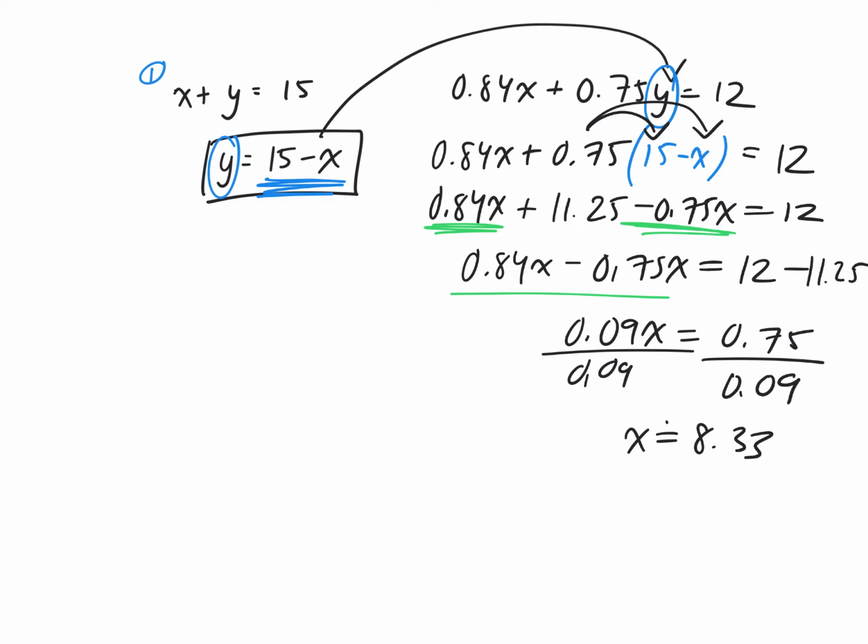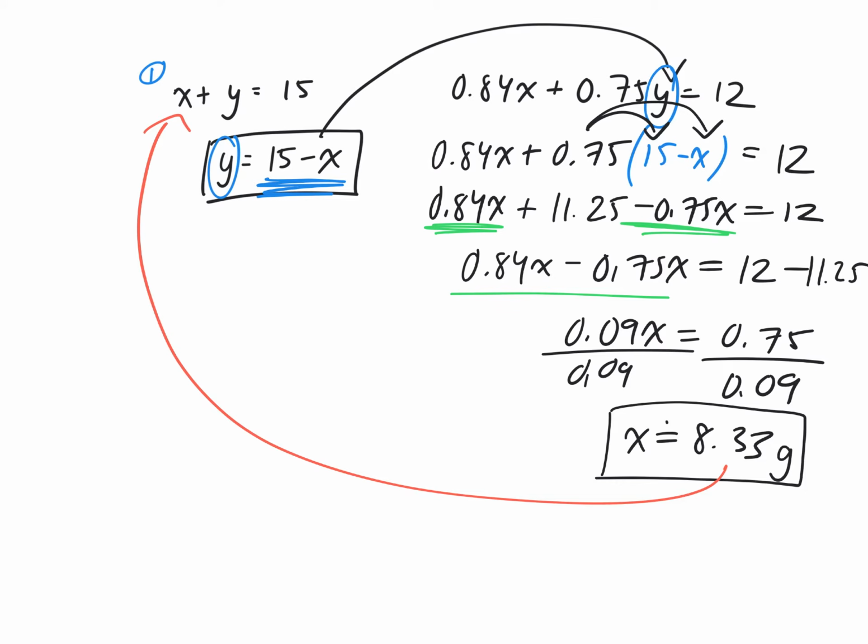Simplify. You're going to notice that your answer is going to be a decimal. You can round off your answer, okay? So it's approximately equal to 8.33 grams, which means that the value of the other alloy is going to also be a decimal. You can just round your answers, okay? Once I figured out x, I can plug it back into the original equation and solve for y.